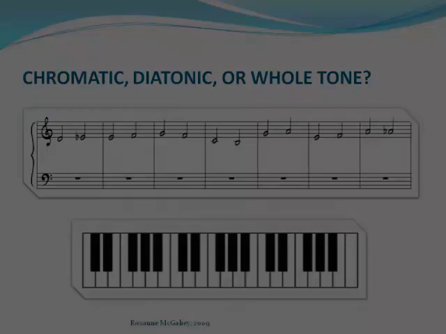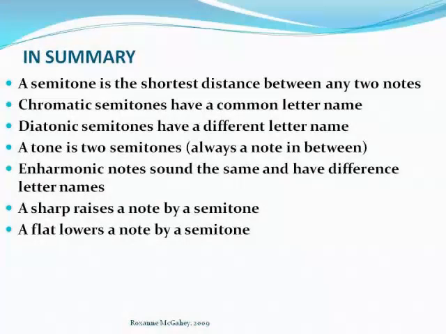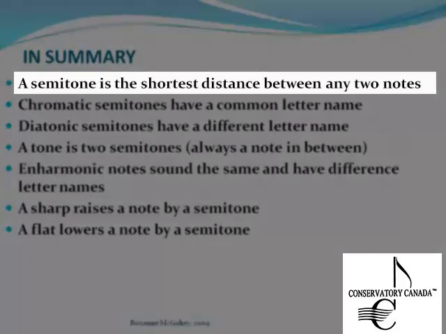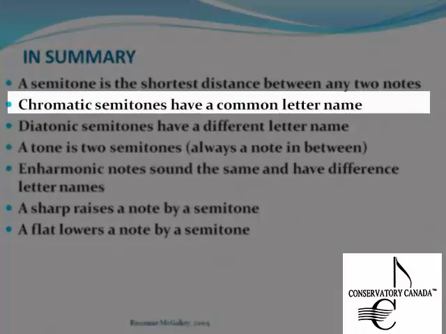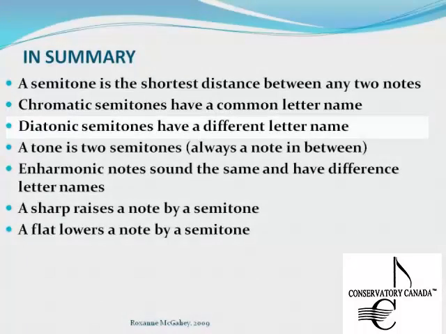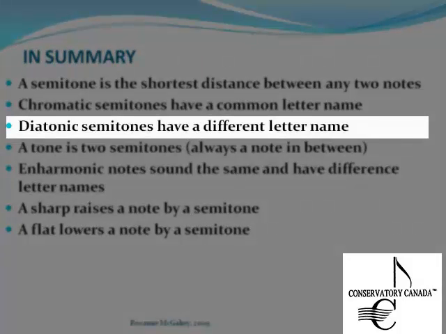Let's just review some of the concepts that we've covered. A semitone or a half step is the shortest distance between any 2 notes. A chromatic semitone is going to have the same letter name. Chromatic and common both start with C. Diatonic semitones have a different letter name.